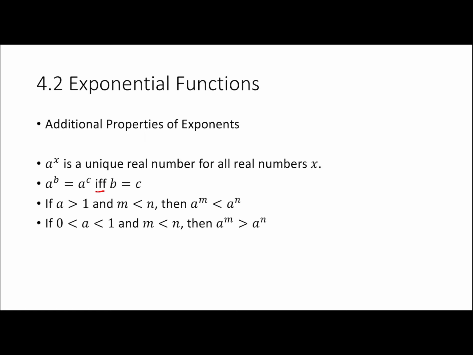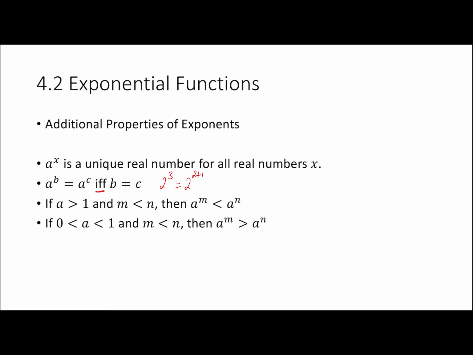What that also means is that if b is equal to c, that guarantees that a to the b power has to be equal to a to the c power. An example would be 2 to the third power is the same as 2 to the 2 plus 1 power. Well, we know that 2 plus 1 and 3 are the same, and since that's the case, those two statements are equal. Again, we're going to use that quite a bit in our first few examples.